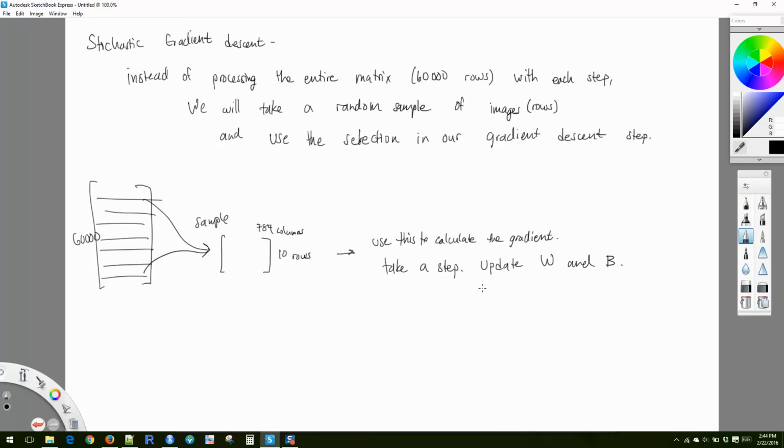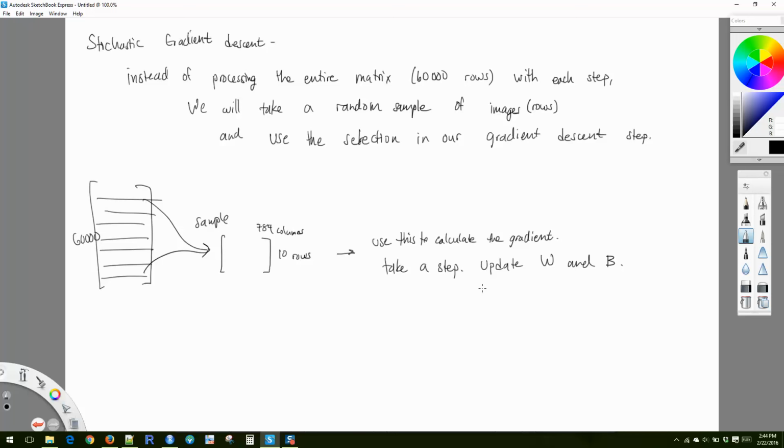The idea is we can look at a selection of 10, maybe more or maybe less, to get a sense of which direction is down, and we take a step in that direction. Is there an instance where you might take a sample and one sample goes down and the other one goes up? It's possible.